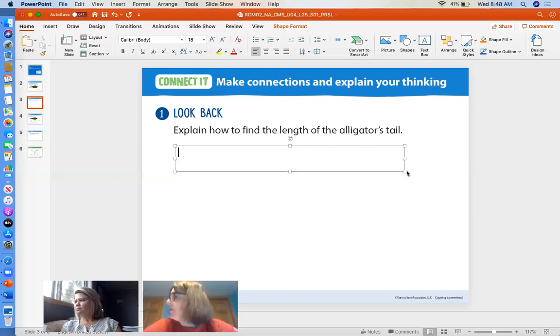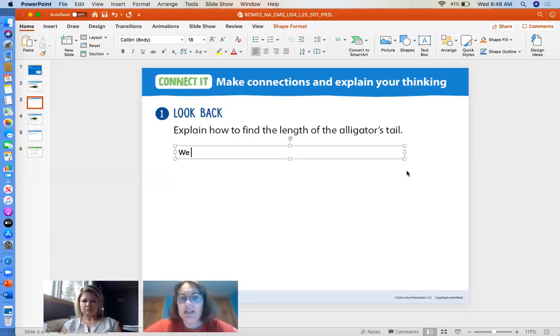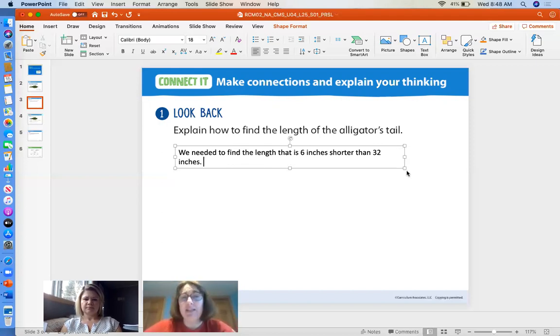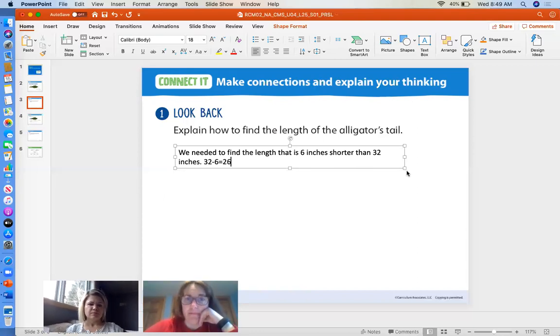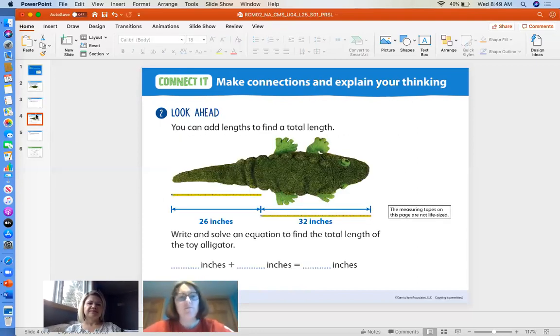So we said we needed to find the length that is 6 inches shorter than 32 inches. And that's exactly what we did. We just put it in equation form instead of in word form. Yep, perfect.